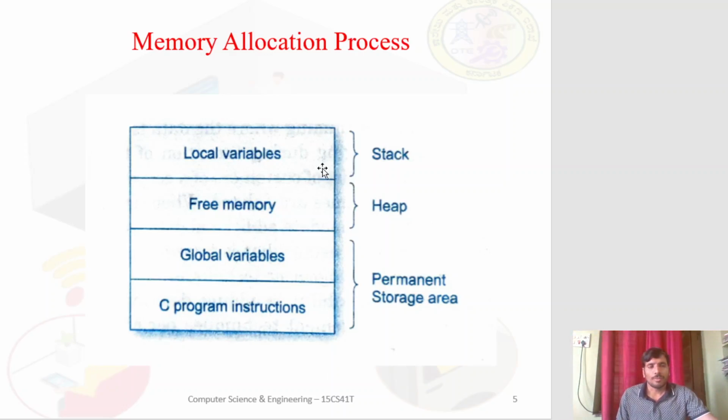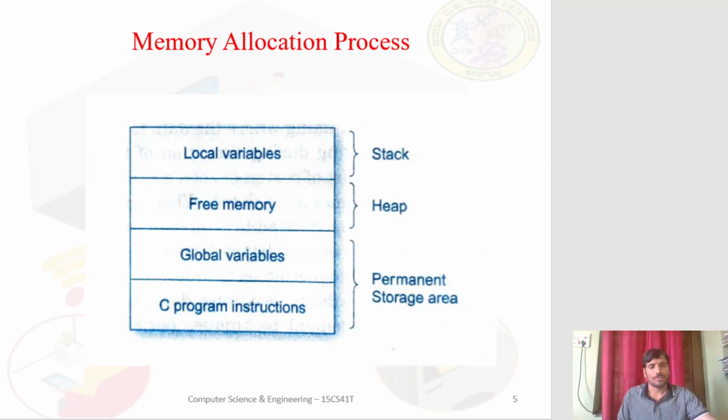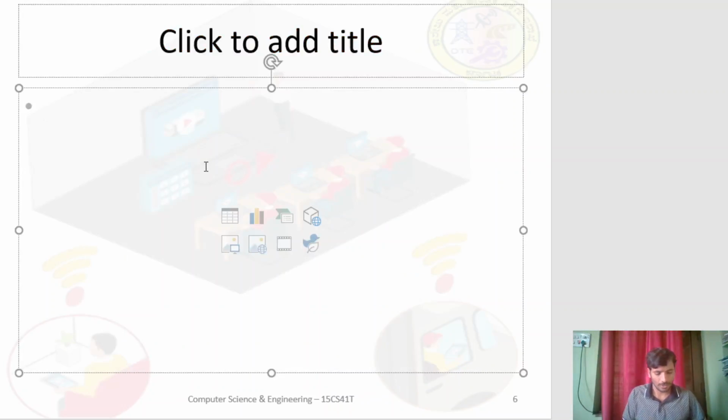All the local variables of the program are stored in the memory region called stack. Local variables, like if I declare int here, for your understanding purpose, I am writing it.